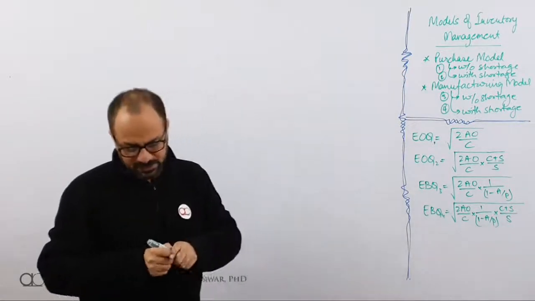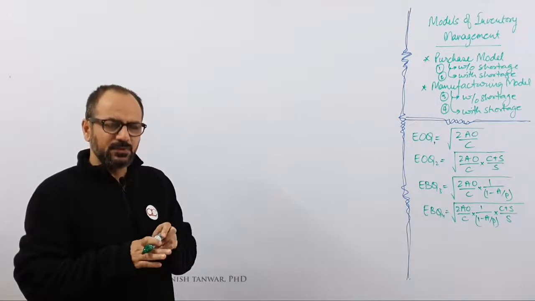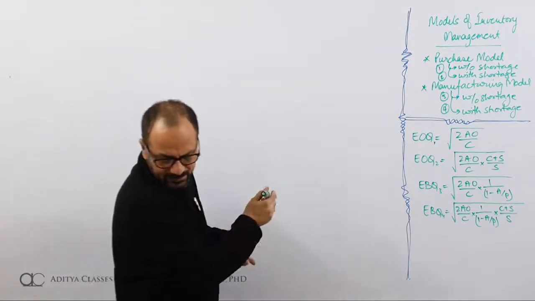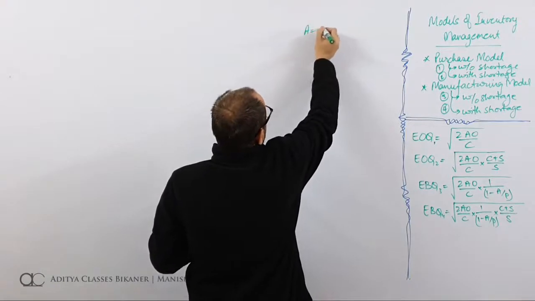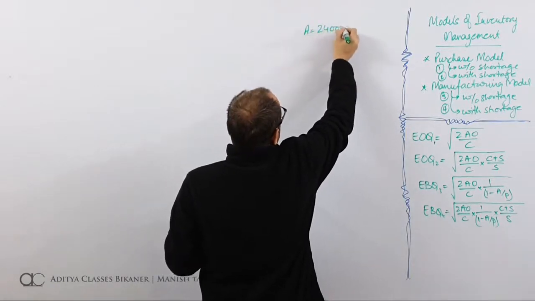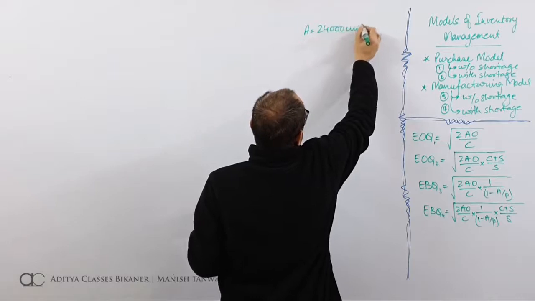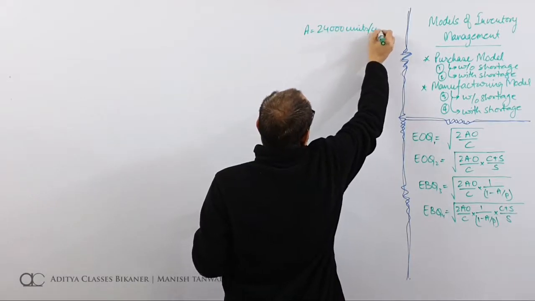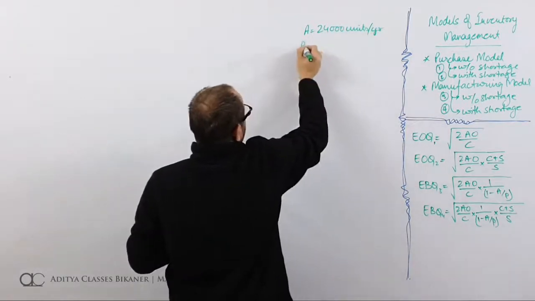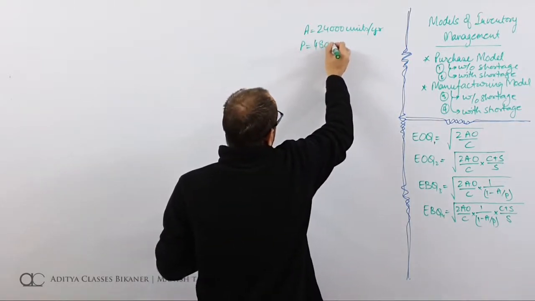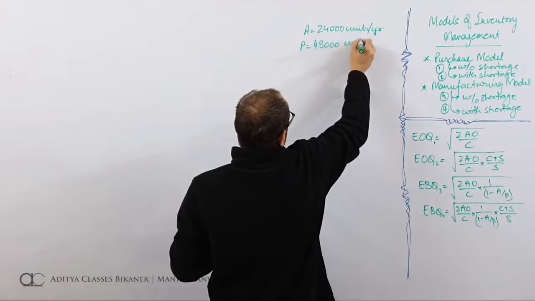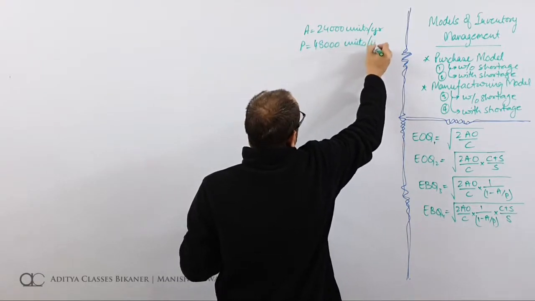So for our next question, the values are given directly, so we'll use them directly. The values go like this. There is a demand of 24,000 units per year. There is a production capacity of 48,000 units per year.